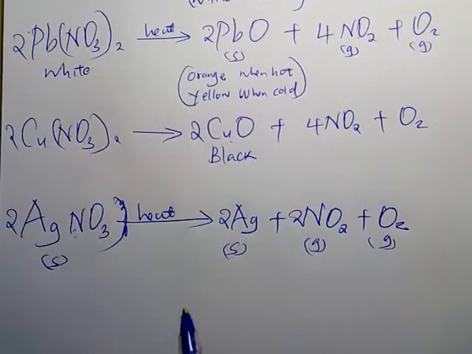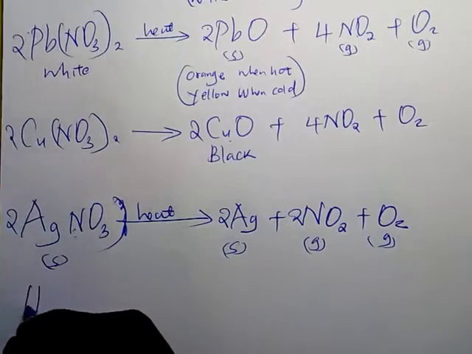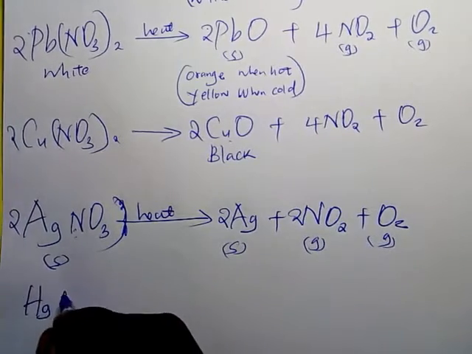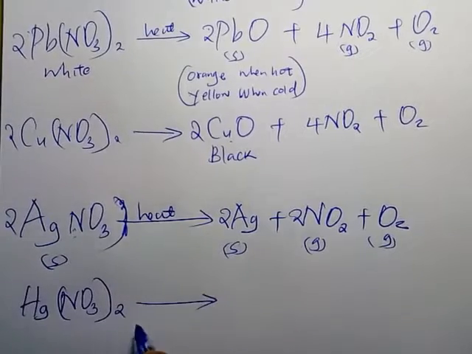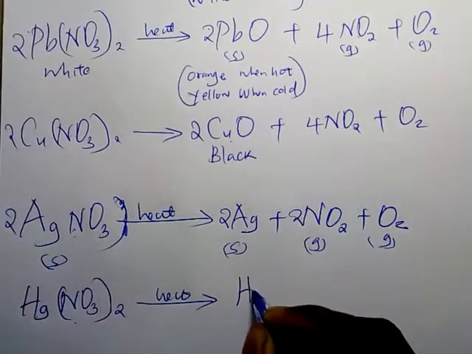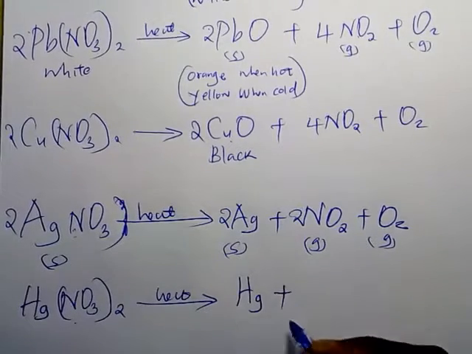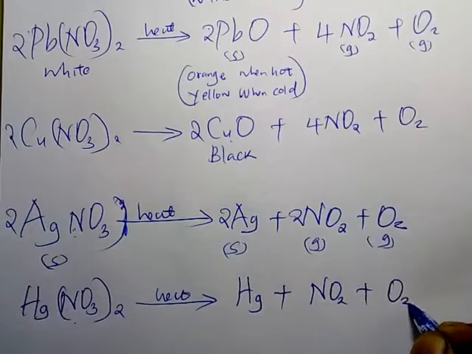Mercury and gold will do the same. So let me write for you for mercury. Mercury is Hg nitrate. Mercury is valence 2. So when heated, it decomposes to form mercury plus nitrogen 4 oxide plus oxygen gas.